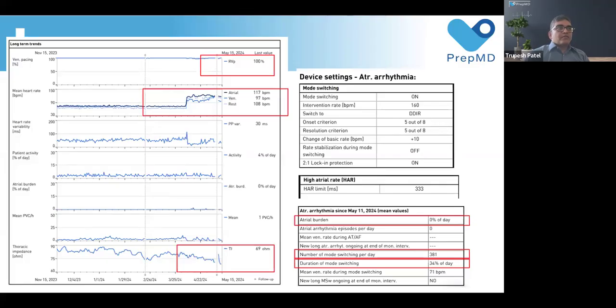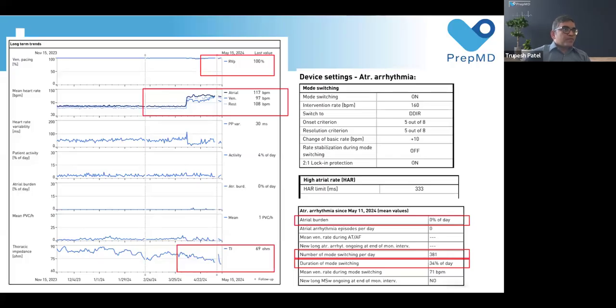And suddenly the ventricular rate jumps to over 100 and the atrial rate is over 115. And this patient is pacing 100% of the time, suggesting that the device is actually tracking the atrial arrhythmia rather than mode switching. So most likely the atrial arrhythmias are occurring at a lower rate than the mode switching rate of 160 beats per minute.